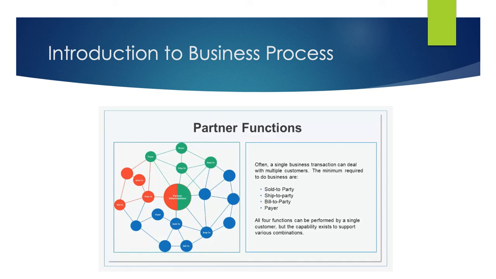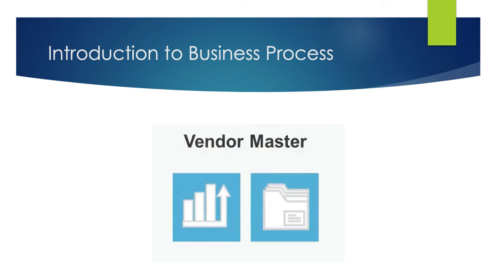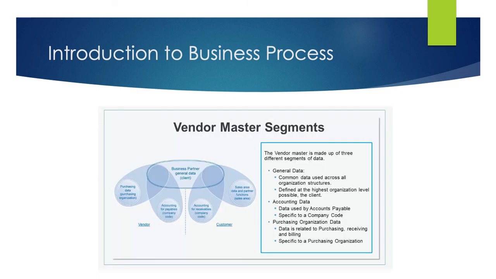So next we take a look at the vendor master. Vendor master, basically the seller. So vendor master, we have also three segments, which is the general data, accounting data, and purchasing organization.